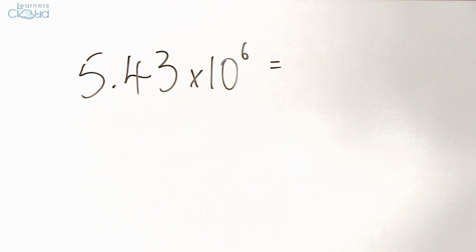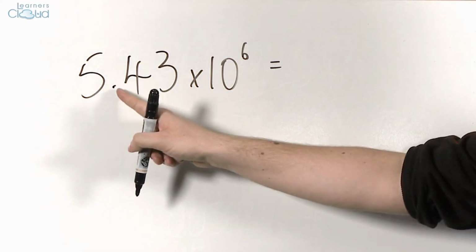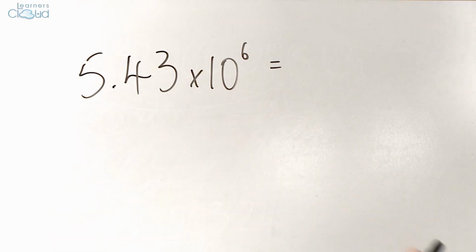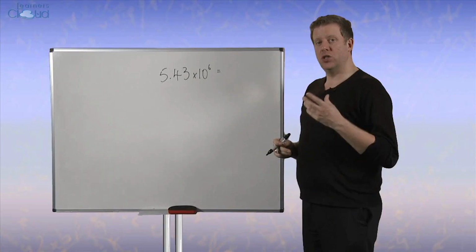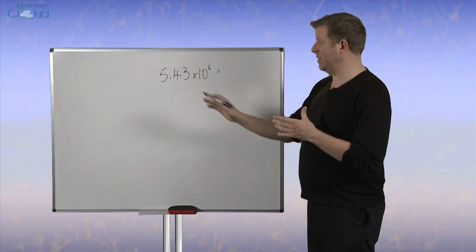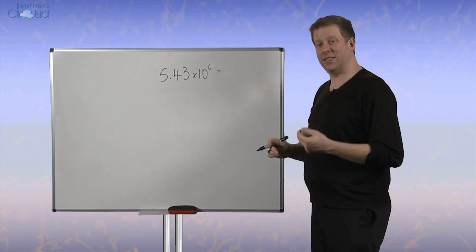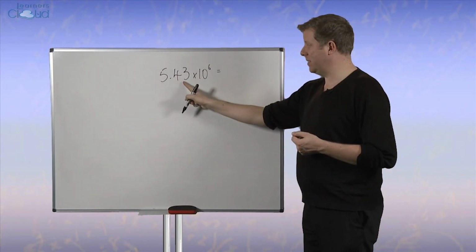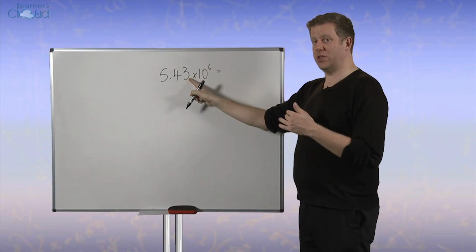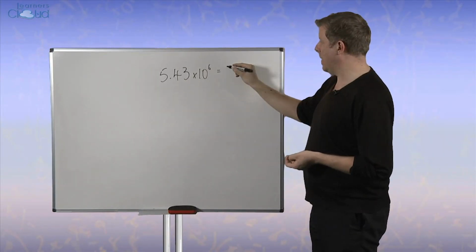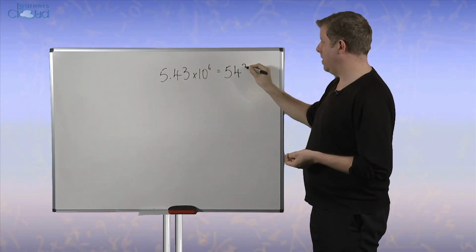Now remember, when we've moved that point, those two moves wouldn't actually give us any extra zeros. So don't make that mistake of saying it's just 543 with 6 zeros on the end, because that's not the case. It moves 2 spaces before those zeros start coming in. So essentially what we have is 543.